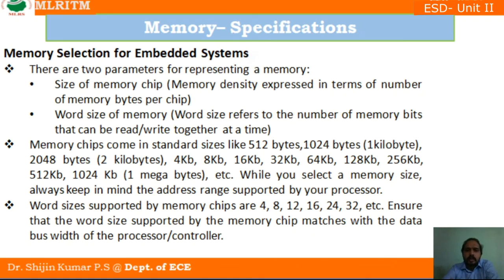Okay, so the most acceptable or supported word sizes are 4-bit, 8-bit, 12-bit, 16-bit, 24, 32, etc. So nowadays we are using 64-bit also. So every time we have to check that the word size that is supported by the memory chip matches with the word size of the processor or the controller. That is very important.